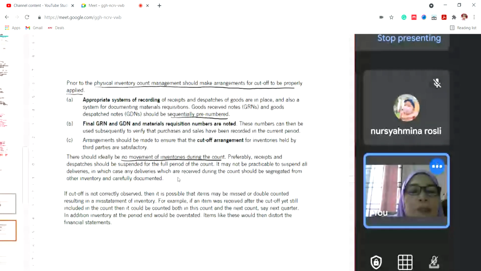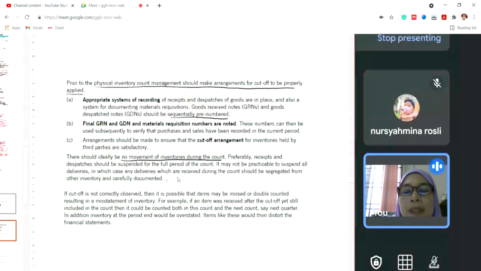It may be practicable to suspend all deliveries, in which case any deliveries received during the count should be segregated from other inventory and carefully documented. This is what management should do, not the auditor. The auditor gives a recommendation if they have no proper procedures for the movement of inventory. So this is what you should look into: the management procedures on the movement of inventory.